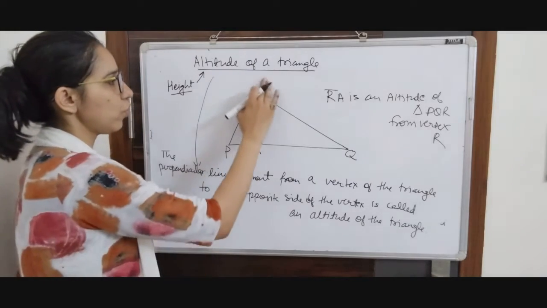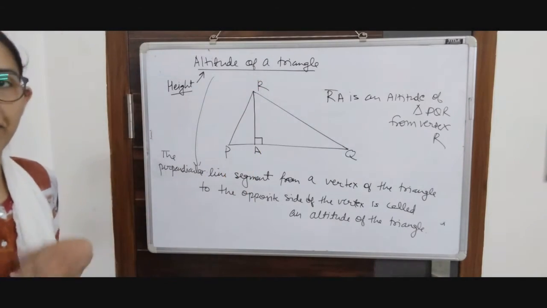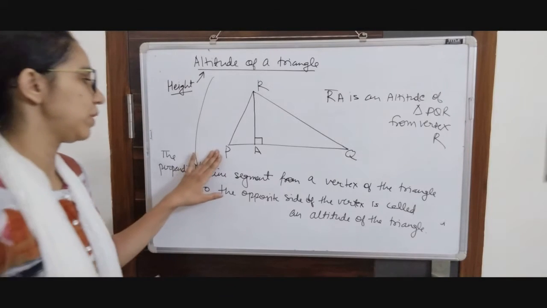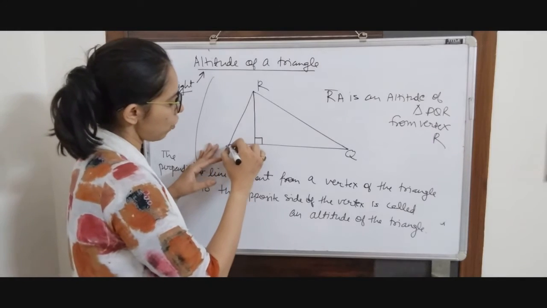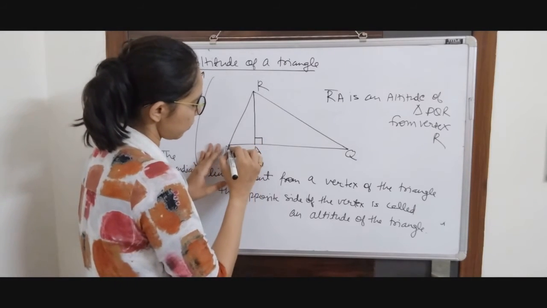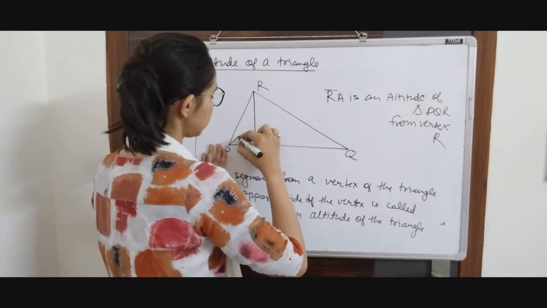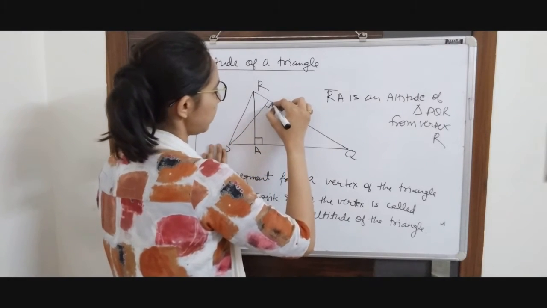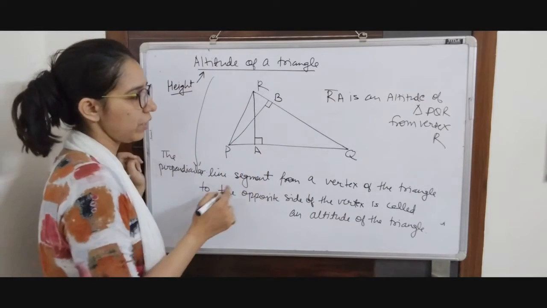Suppose now you want to draw an altitude from vertex P. What you will do is draw a perpendicular line from point P to RQ. It is going to be like this, and it is going to make a 90-degree angle here. Suppose this is point B. So PB is going to be your altitude.